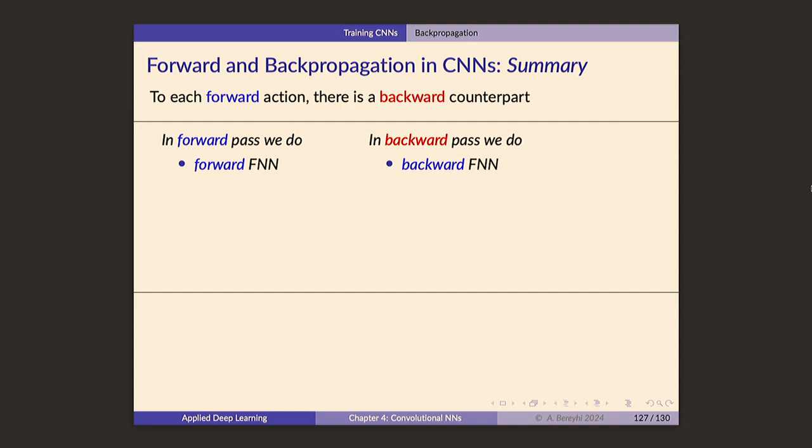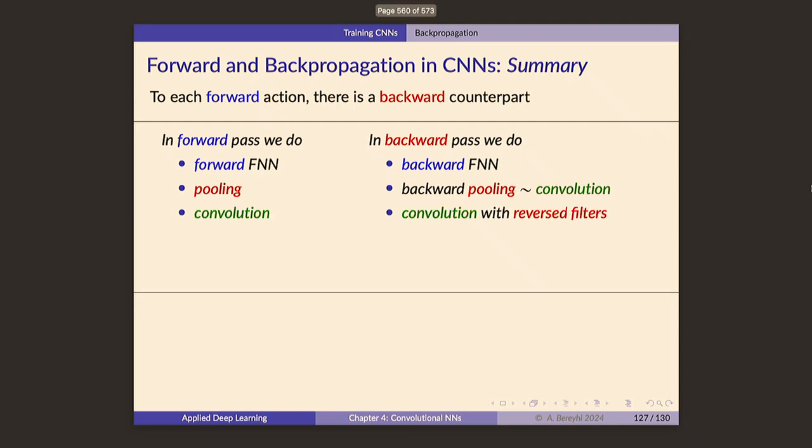If you are doing the forward pass for the last MLP that you have in your convolutional network, then you just do the simple backward pass as before. If you do pooling, then you do backward pooling, which is basically a convolution. If you are doing convolution, the backward is convolution with the reverse filter. If you are doing downsampling, there you do upsampling. If you do upsampling, there you do downsampling.